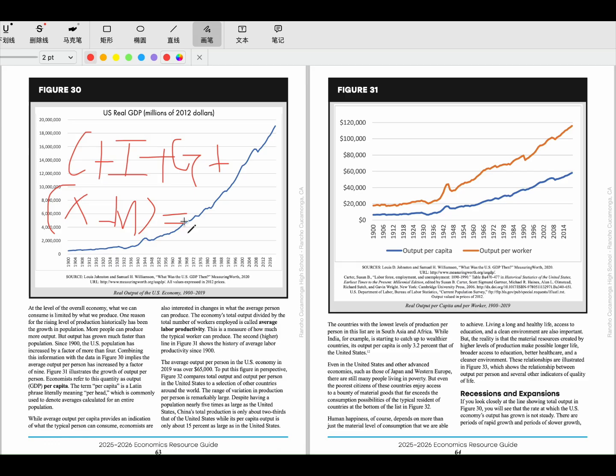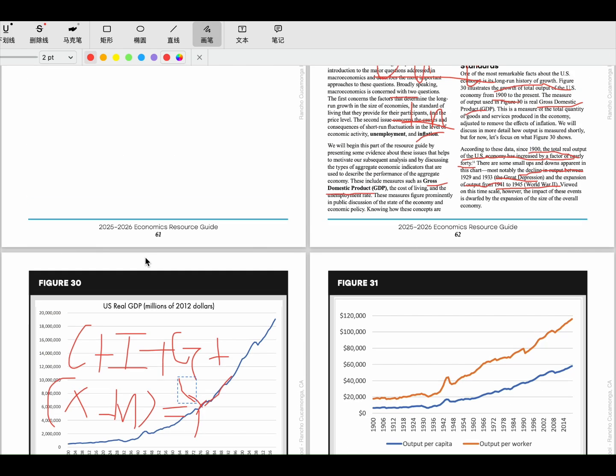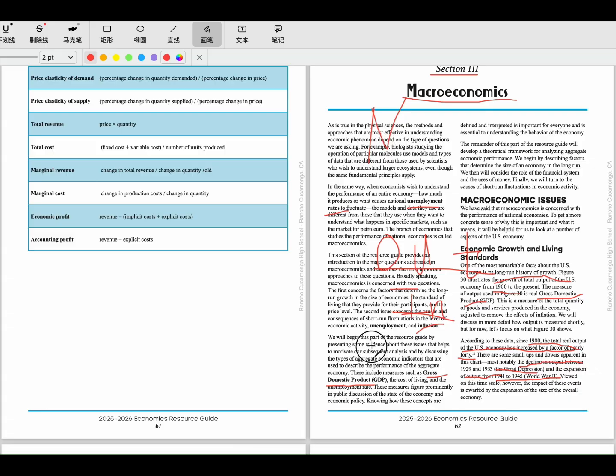This equals Y, GDP. This is called the consumption formula. How much do you consume in total? So let's add another over here, consumption. It's either output, income, or consumption.